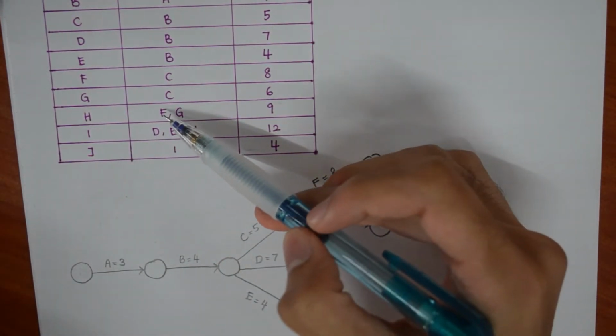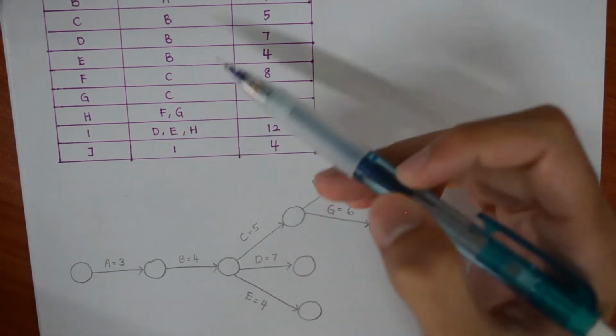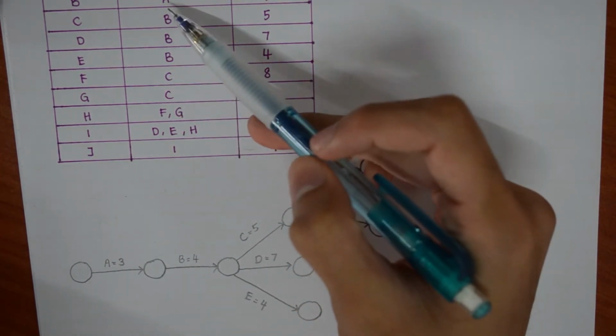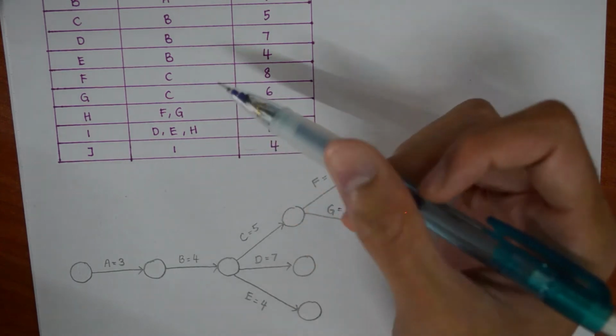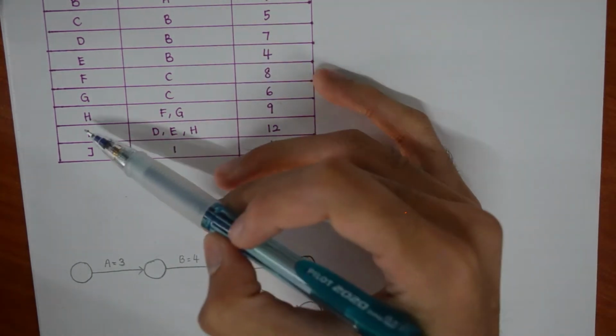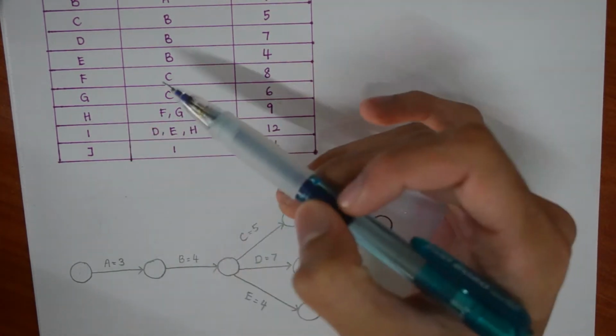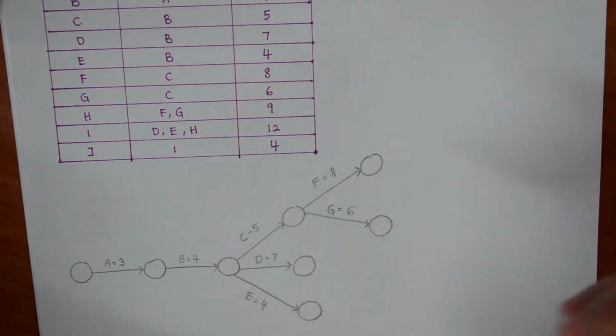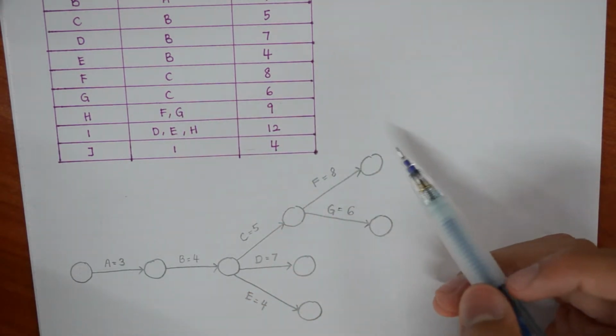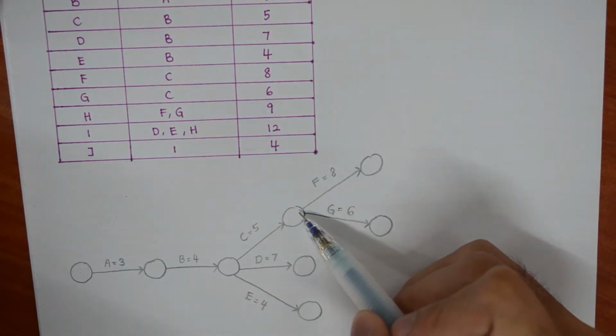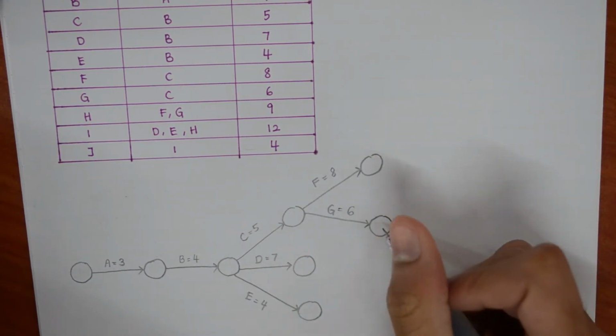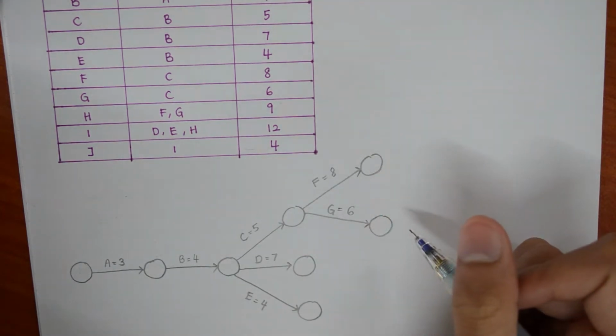Unlike the activities we did before, H has more than one predecessor. Before this, they only had one predecessor. H begins where F and G end. So let's look at where F and G end. F ends here and G ends here.